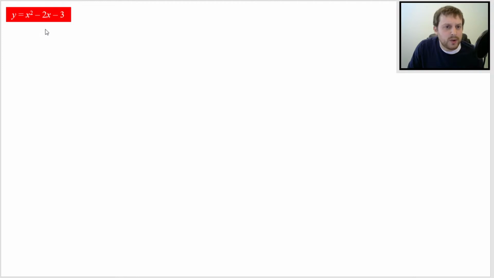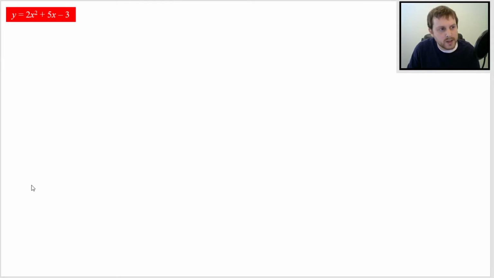If I just give you y equals x squared minus 2x minus 3, or x squared plus 6x plus 8, or even more tricky, y equals 2x squared plus 5x minus 3, and I ask where does it cross the y-axis, that's quite easy, right? You just look for this last number, because the x's will be 0 and everything there will be 0, so you'll just be left with that.